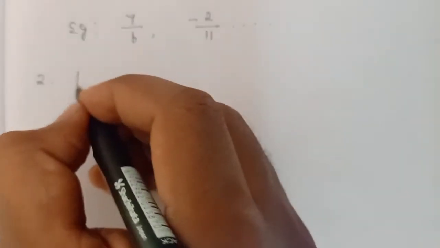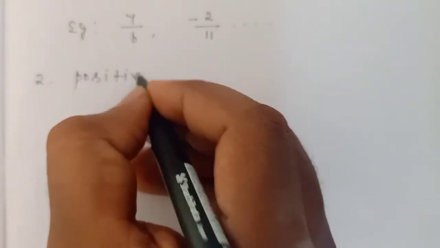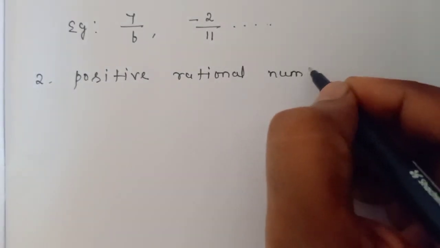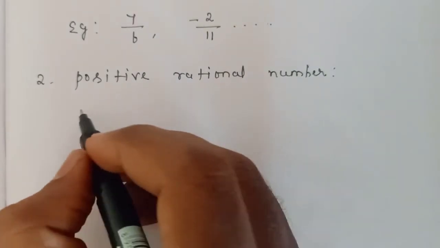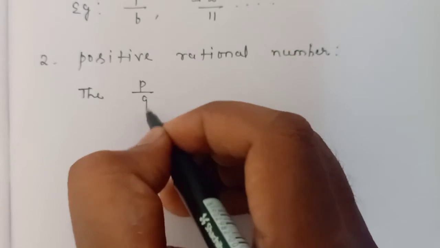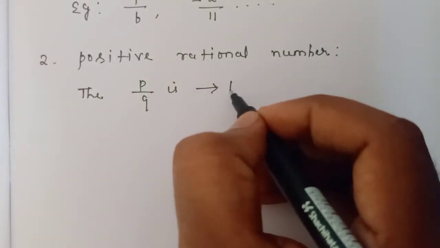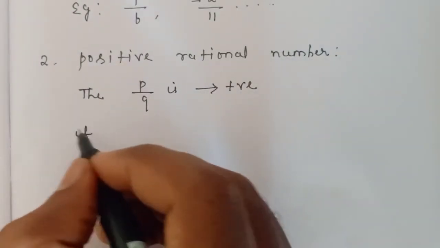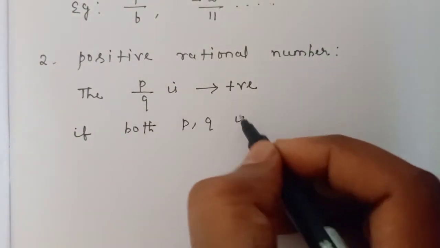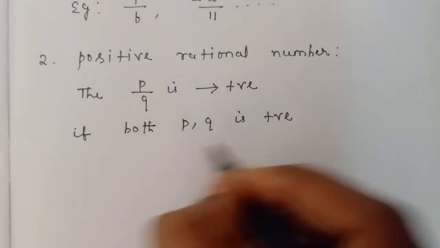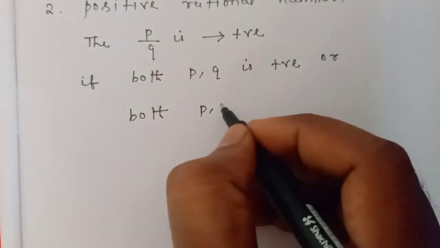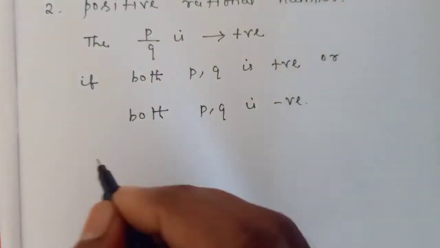The next definition is positive rational number. The p by q is positive if both p, q are positive or both p, q are negative.